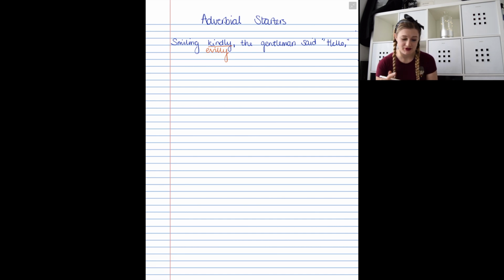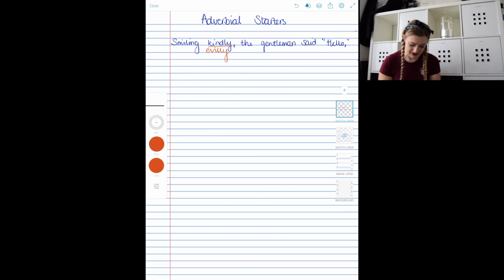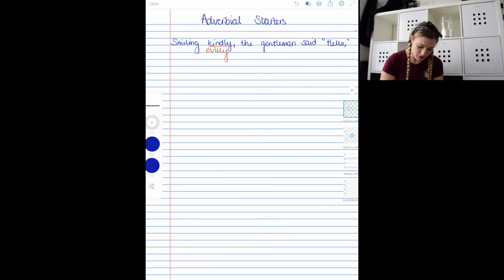Now, adverbial starters, you can swap those two around. So rather than put smiling kindly or smiling evilly, you could quite as easily say it the opposite way. So I could put kindly smiling, the gentleman said hello.